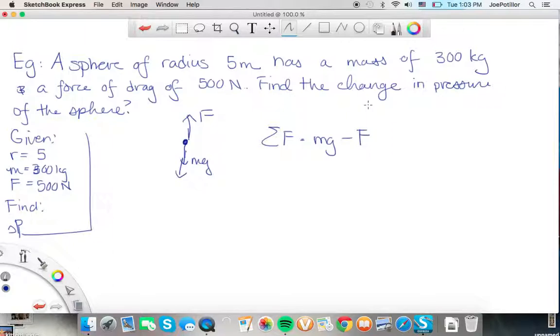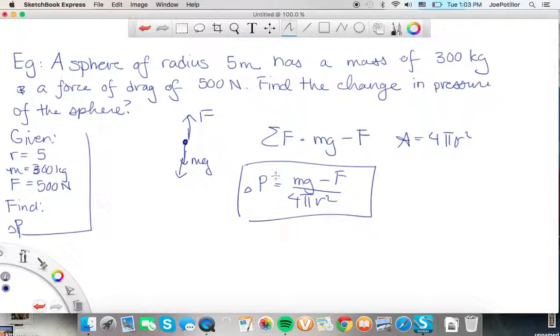Of course, to get the pressure from this, we need the area. The surface area of a sphere is 4 pi r squared. So the change in pressure is equal to (mg minus F) over 4 pi r squared.